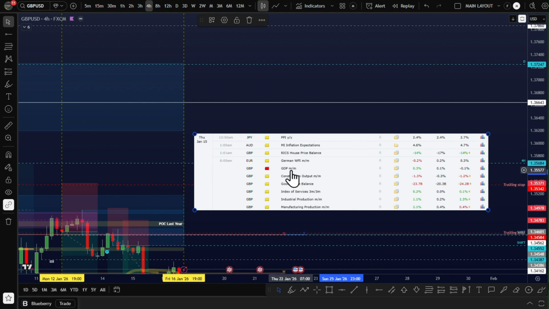The GDP printed 0.3%, which is higher than expected and higher than the last month-on-month GDP release, which is pretty good for the pound.